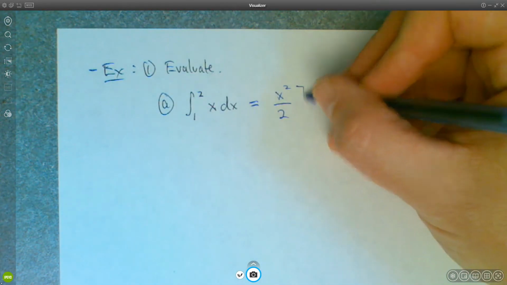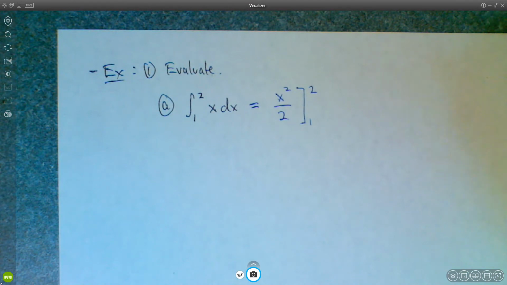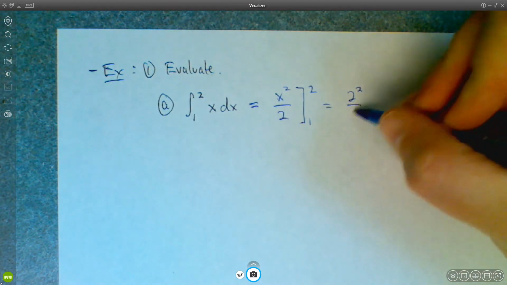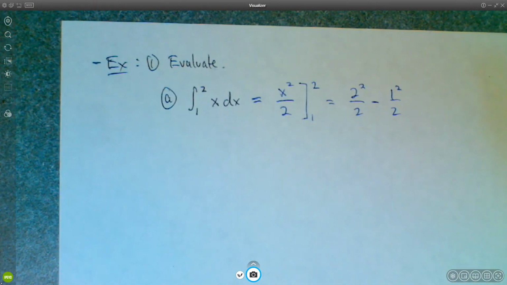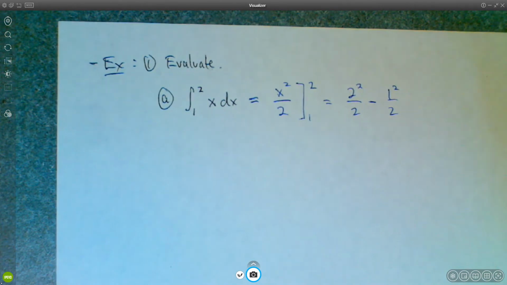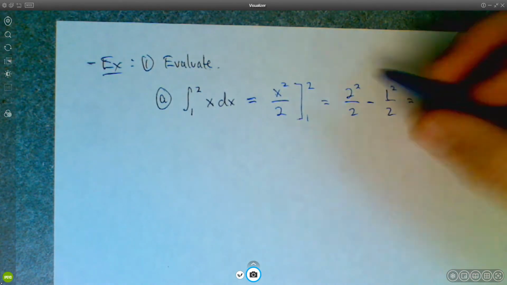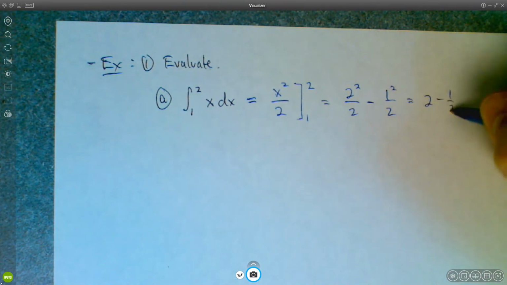But what we do need to do is evaluate this from 1 to 2. And what that means is that we're going to plug in 2, and then we're going to plug in 1 and subtract those. So this is going to be 4 over 2, which is 2, minus 1 over 2, which is 1/2.